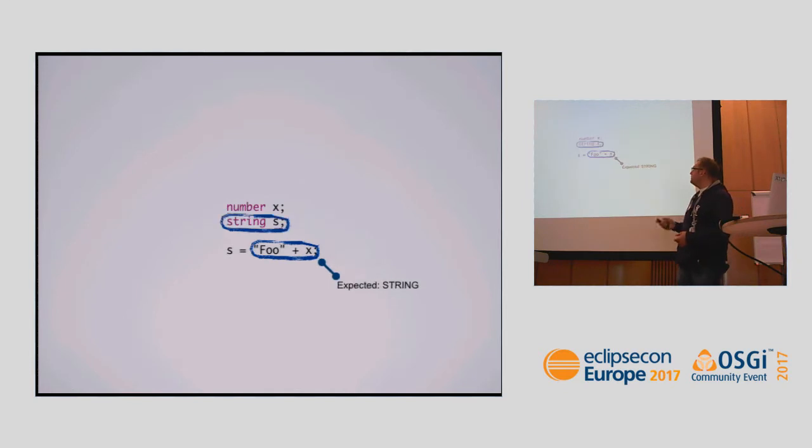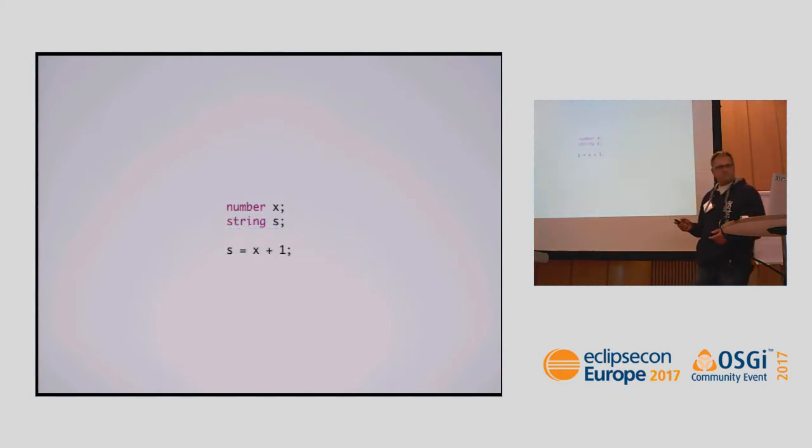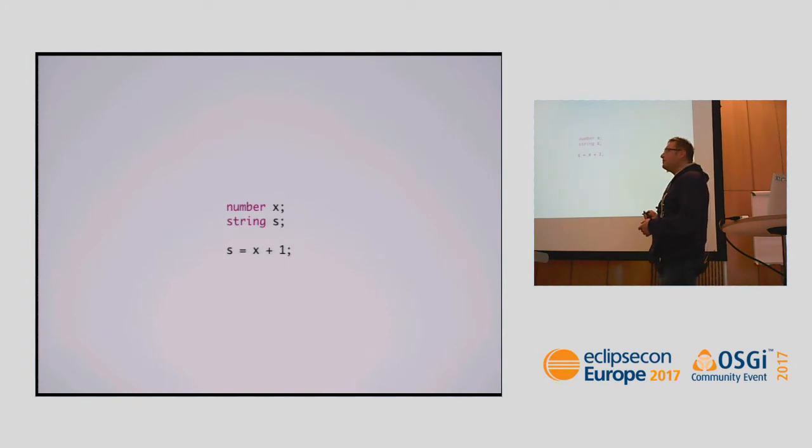Now getting to the expected type. Easy first. The expected type of that expression is string because the left-hand side of the assignment is a string. That's the expected type. Okay, this was easy for strings. Now let's take a different example. What's here?